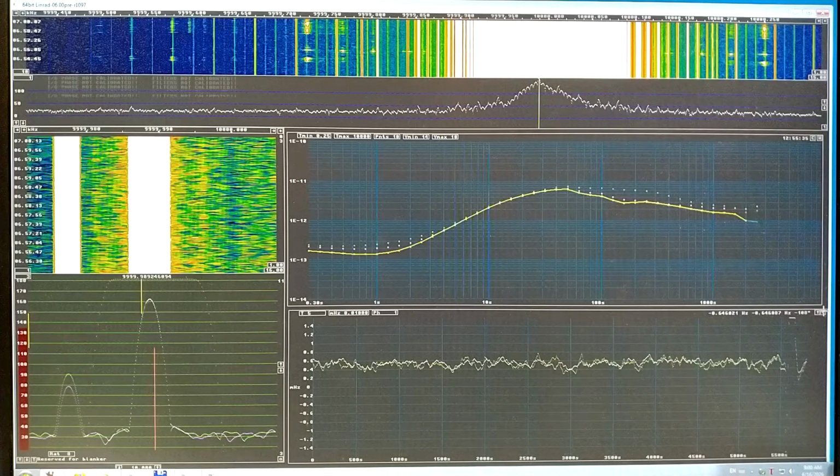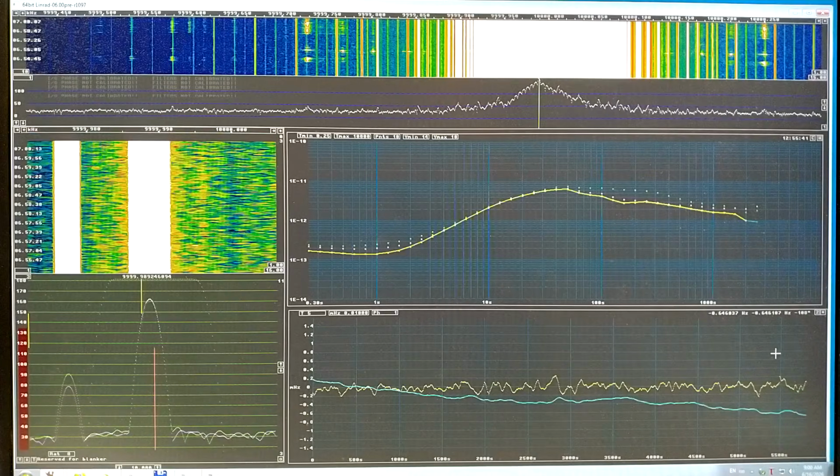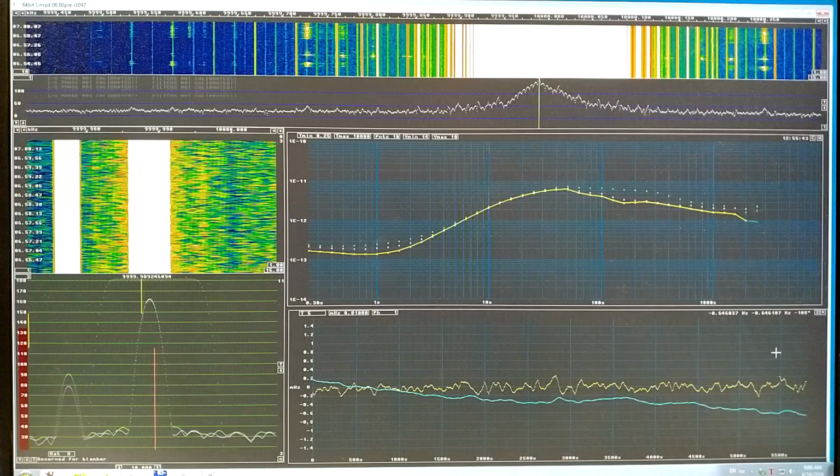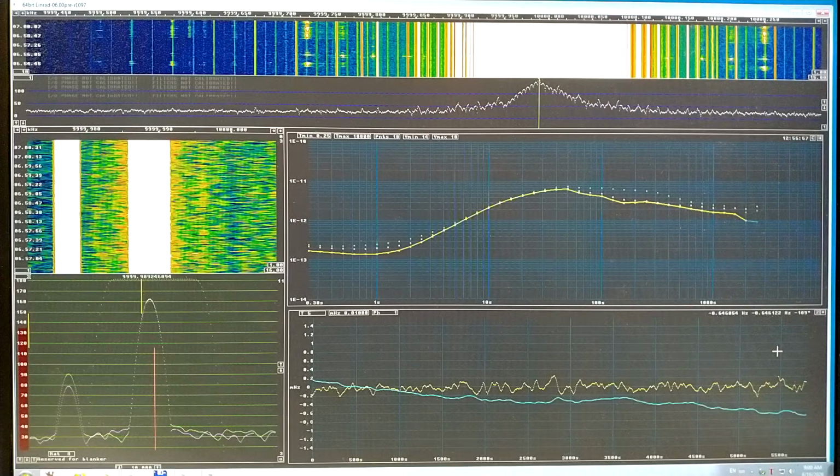Anyway, if I click on this box, I get two traces. The yellow is the frequency difference between the two channels. So that's the noise, some noise of my reference oscillators. The blue trace is the phase shift between the two channels.